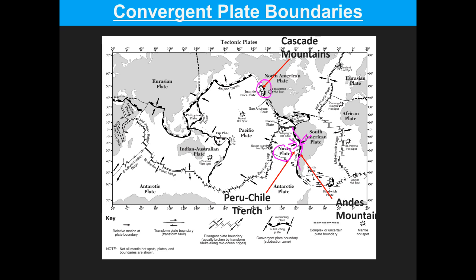And of course, as a result, we have mountains here, the Cascade Mountains, and these mountains. So along this zone, we have volcanoes, earthquakes, and also mountains. Anytime we have this kind of convergent boundary, oceanic-continental, we have these activities: volcanism, earthquakes, and mountain formation.